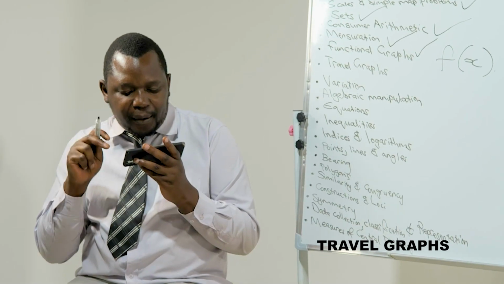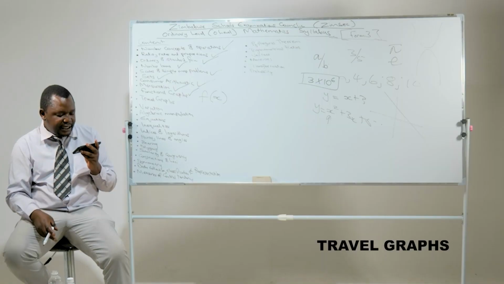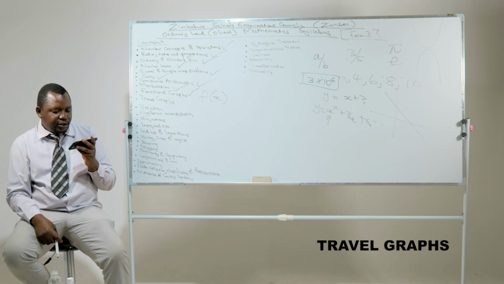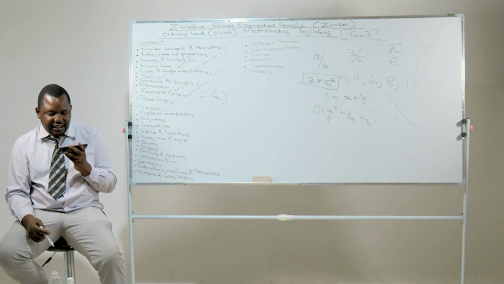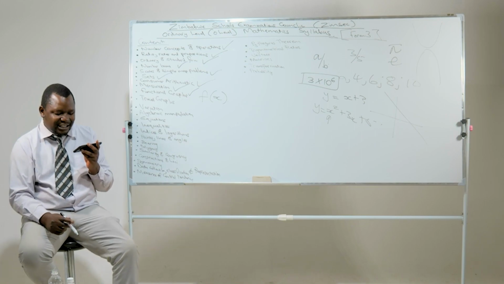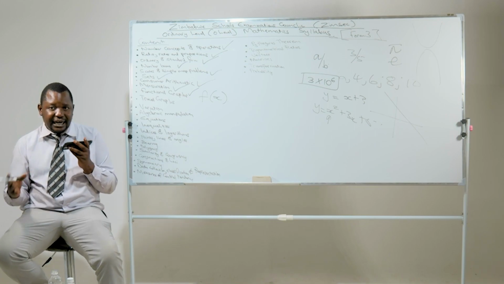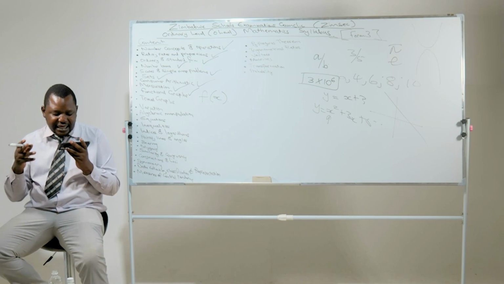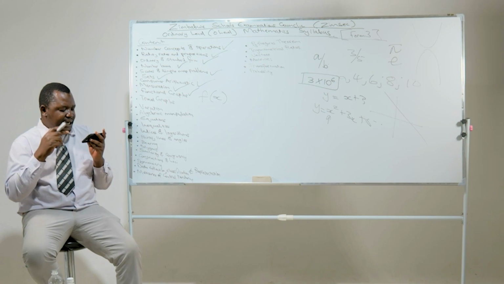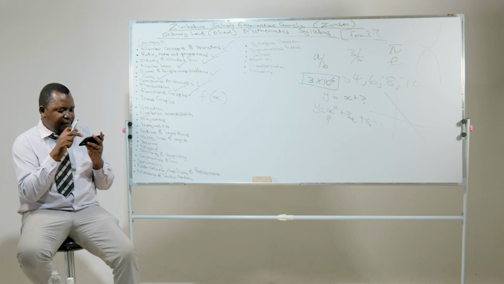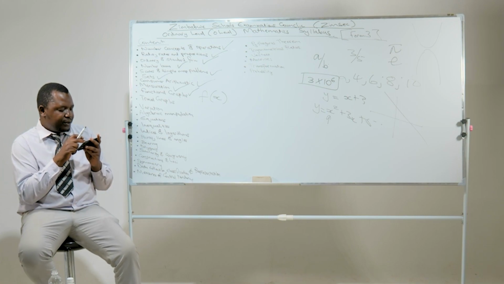You need to solve problems involving travel graphs. All right. So, suggested notes and activities: discussing the relationship involving distance, speed, and time in everyday life, drawing distance time and speed time graphs, solving problems in life involving travel graphs. This is done.